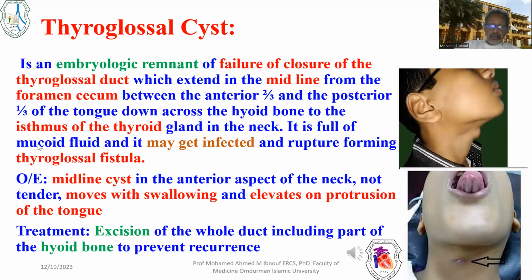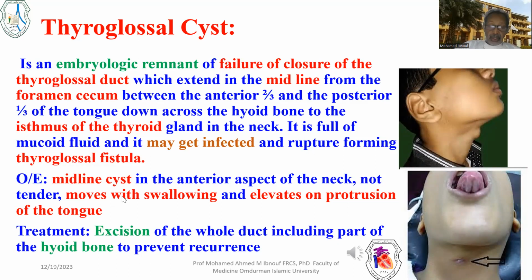And it is usually full of mucoid fluid and may get infected and rupture to form a thyroglossal fistula. And here is the thyroglossal fistula. This is the thyroglossal cyst.